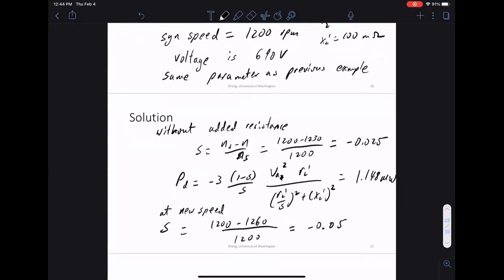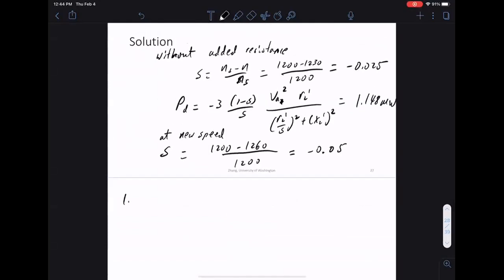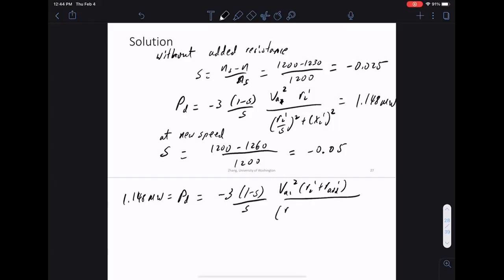So if you look at the equation, we want 1.148 megawatts to equal the developed power in the case where you have this new added resistance. Wherever you see R2, replace it with R2 plus R add.